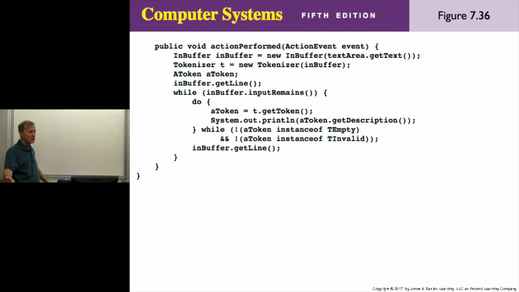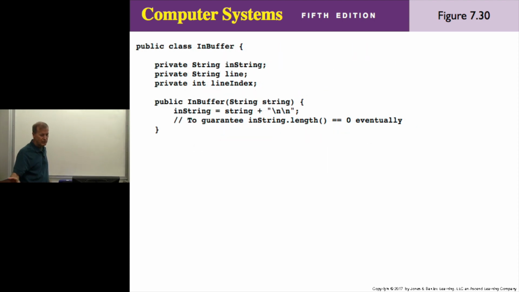And we did the code here. We'll take a little quick look. So here in figure 7.30, here is class in buffer, public class in buffer, and then we have the attributes in string, line, and line index. And next we have public in buffer. So that in buffer is a method with the same name as the class. So that makes it the what?